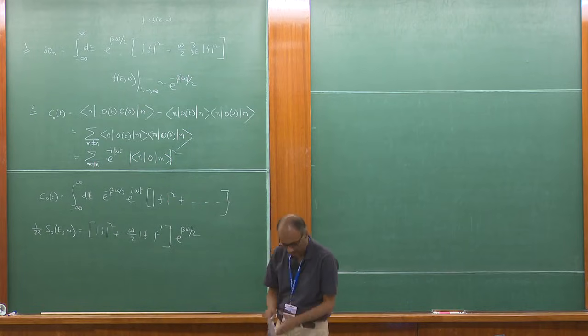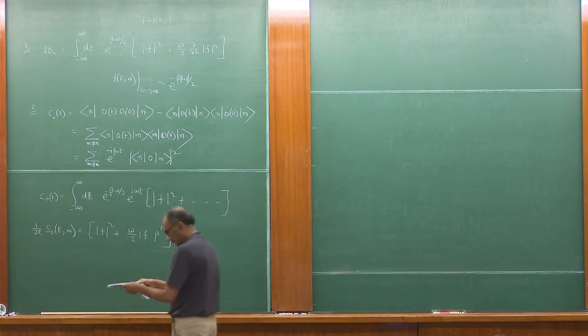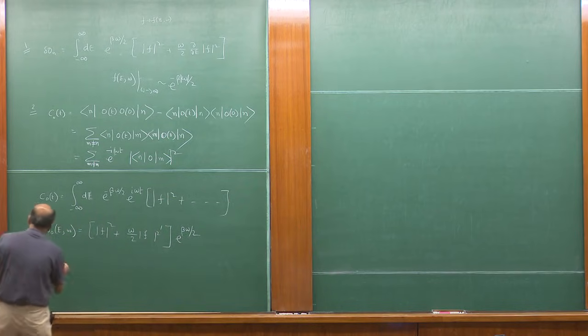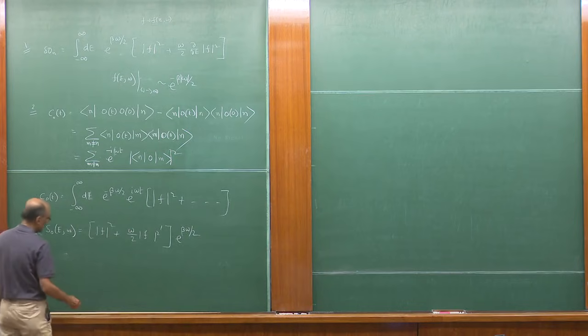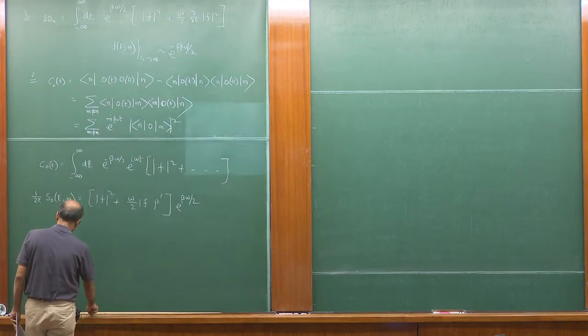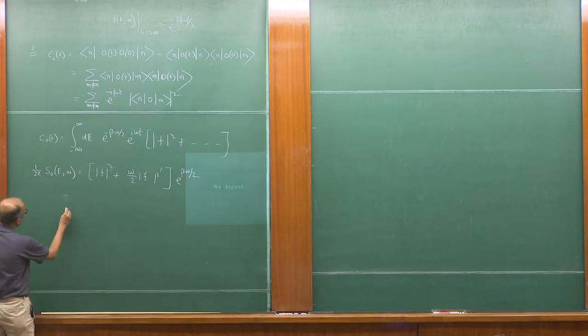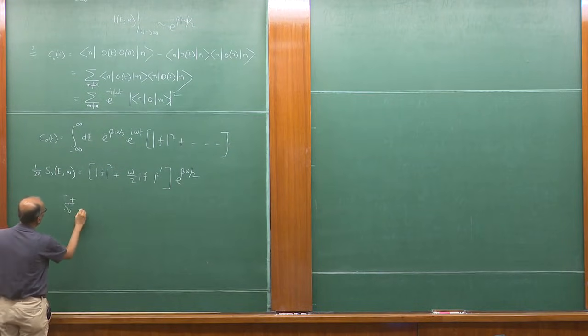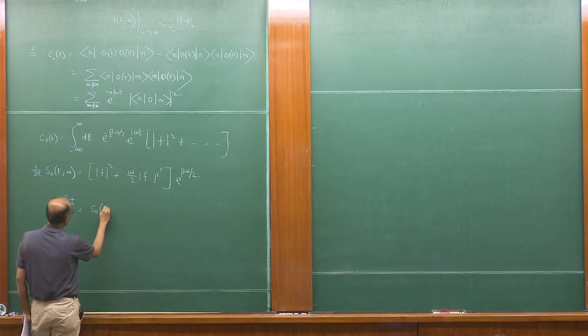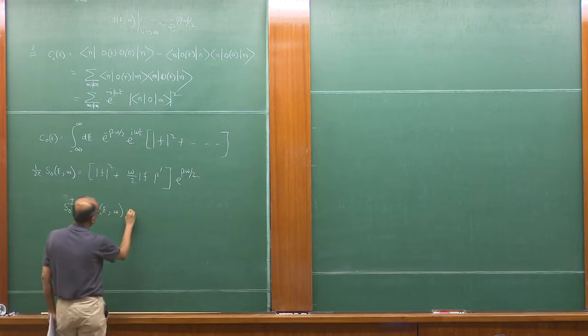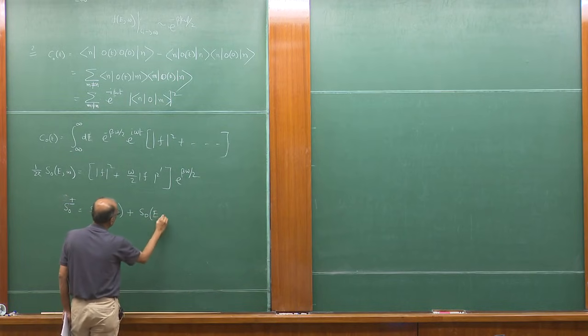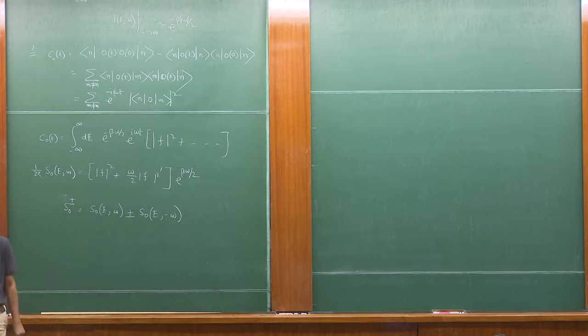So to that end, let me first define an S naught plus and minus, which is S0 of E, omega plus S0 of E, minus omega, with a plus or minus.